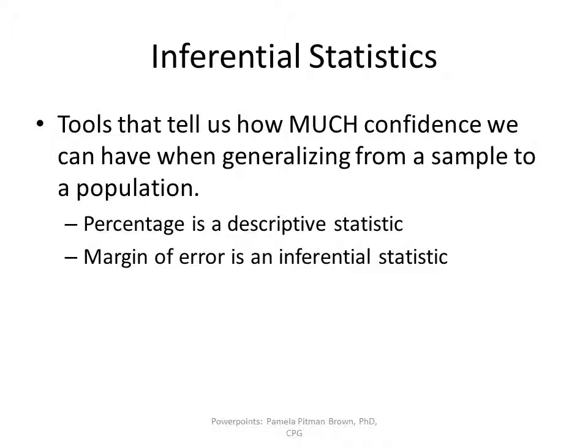Inferential statistics are tools that tell us how much confidence we have when we are generalizing from a sample to a population. A percentage is a descriptive statistic, but a margin of error is an inferential statistic.